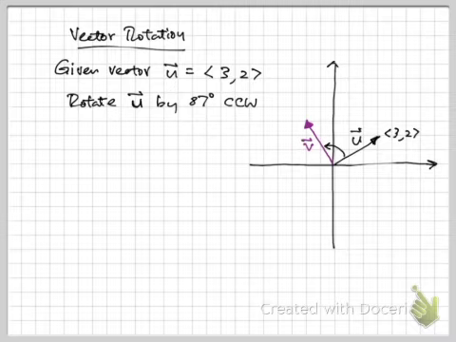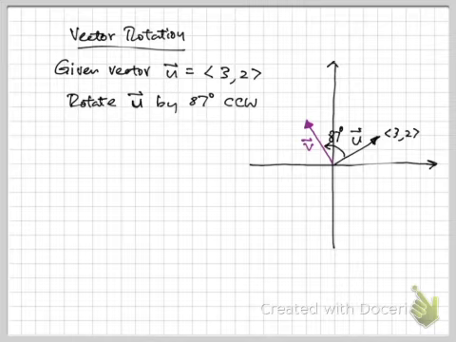Now what if I want to rotate it by non-increments of 90 degrees? So let's say I change the problem and say I'm going to rotate u by 87 degrees counterclockwise, as indicated in the diagram here. So I want to rotate it 87 degrees that way, resulting in that purple vector v. What do I do then?